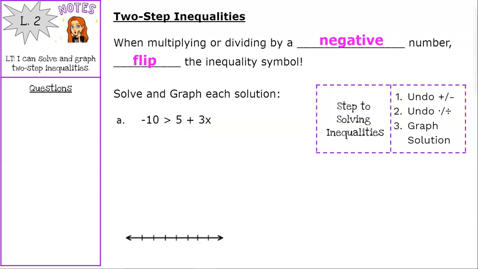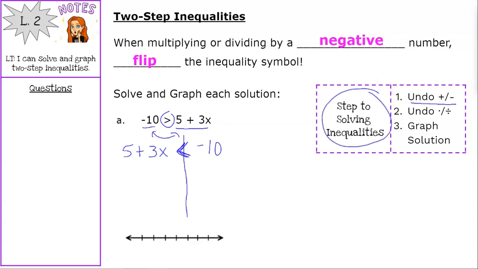As you can see, it's that flipped inequality where the x is on the right, so we just want to flip the two sides. We're going to flip them around. We're going to take the 5 plus 3x and put it on the left. We're going to put the negative 10 on the right, and then we're going to flip the inequality so the mouth stays open to the negative 10. And now we can solve that by following our solving steps.